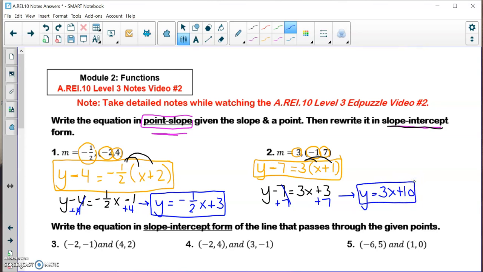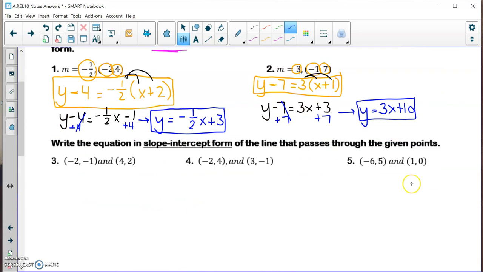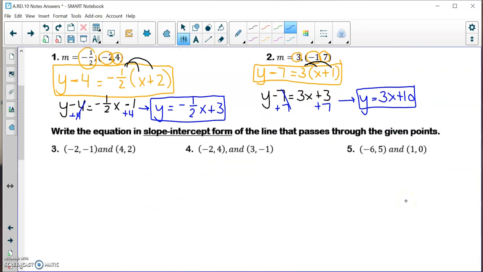Okay, numbers 3 through 5 ask us to just write our equation in slope-intercept form. Well, in order to write an equation in slope-intercept form, we need to find the slope. We do not have the slope. So we are going to find the slope by using the slope formula, x1, y1, x2, y2.